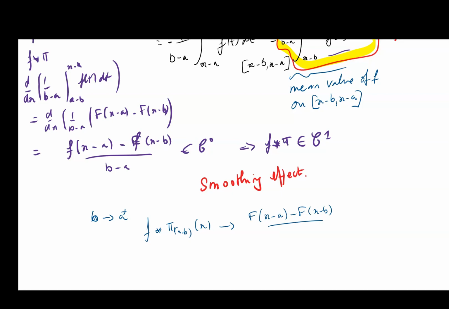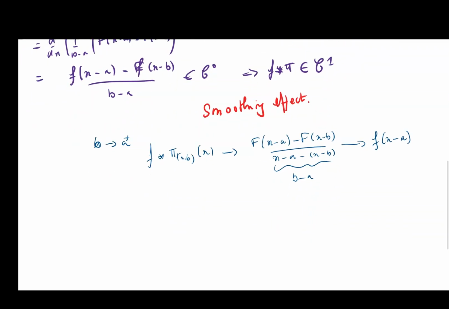Do you see where I'm going there? That's the increase of the function divided by the size of the interval, because this is really b minus a. So that tends to the derivative of that big F function at the point, so that tends to f of x minus a.